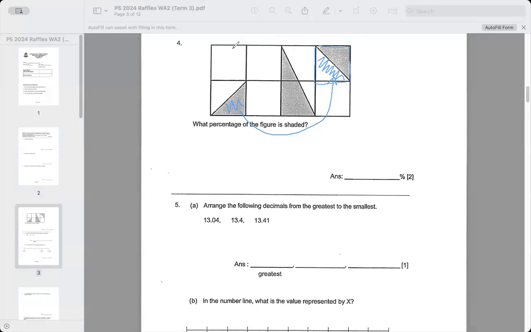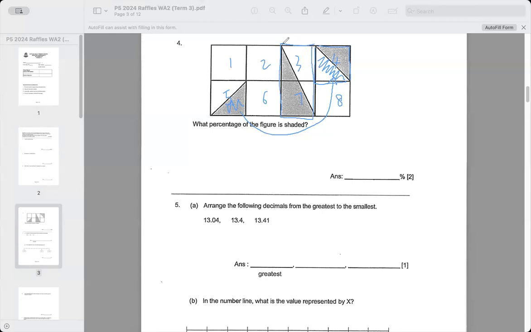You look at this whole figure here. There are 1, 2, 3, 4, 5, 6, 7, 8 squares. They have actually cut this into 8 squares. So if I move this triangle here, it will form one shaded square. And then next, how about this part that is shaded? This whole rectangle is made out of 2 squares.